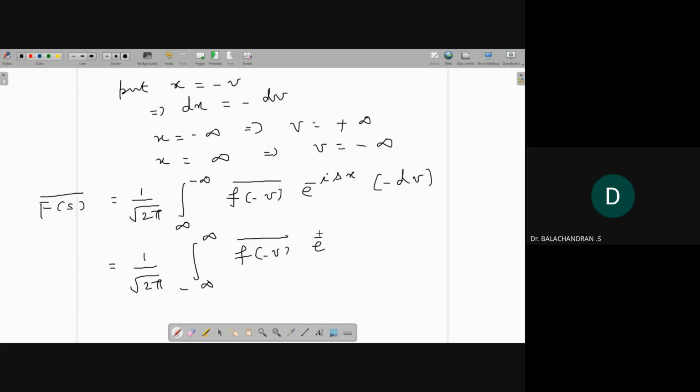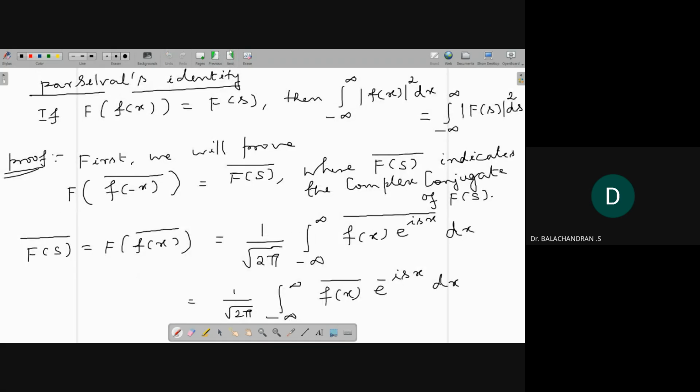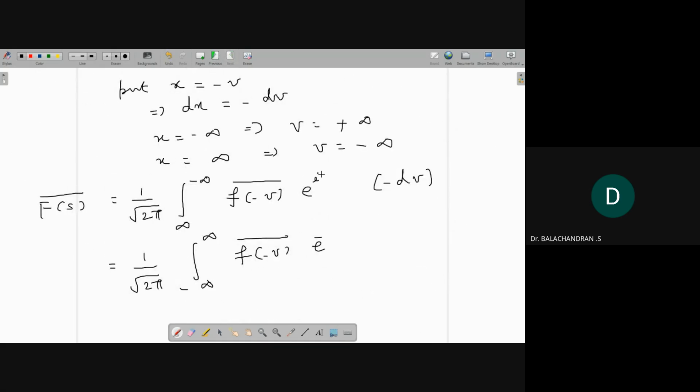If you substitute x is equal to minus v, then e power minus isx becomes e power isv. So here also we'll get e power isv. Because of this minus only I interchanged the limits. So this is into dv.